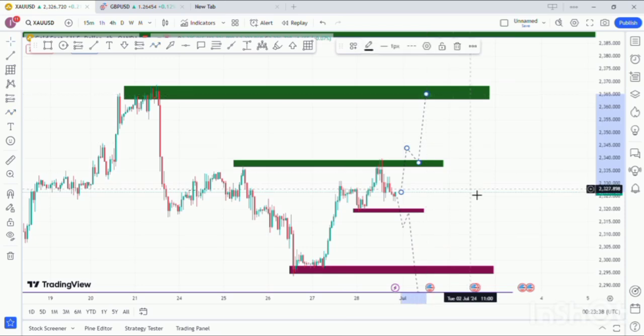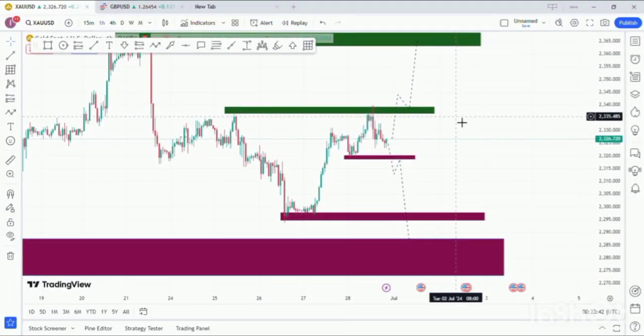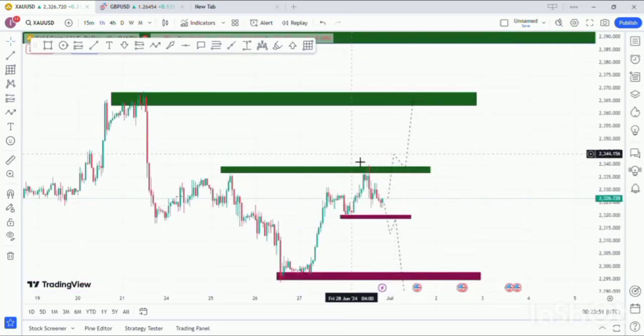So guys, generally for XAUUSD, we're expecting some downward movement for the coming week. We're expecting price to continue downward to either of the support zones just below. But on the flip side, if it decides to continue upward, we're expecting price to break out of this resistance zone right here before continuing to the next resistance zone just above.